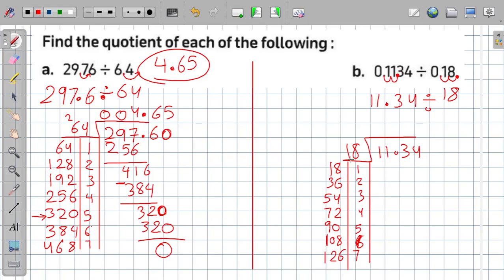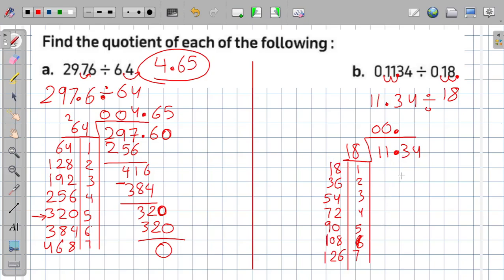I have 1 divided by 18 equals what? Equals 0, because 1 is less than 18. 11 divided by 18 equals what? Equals 0, because 11 is less than 18. So I have the decimal point. So I put the decimal point first, and I will take 3 next to 11. So I have 113 divided by 18.